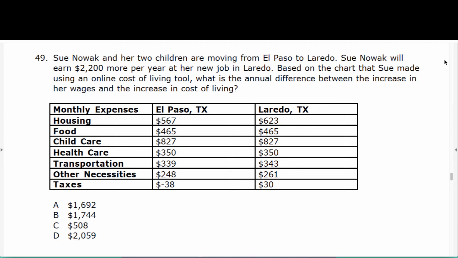If you need anything in the chart read, please raise your hand. A. $1,692. B. $1,744. C. $508. D. $2,059.